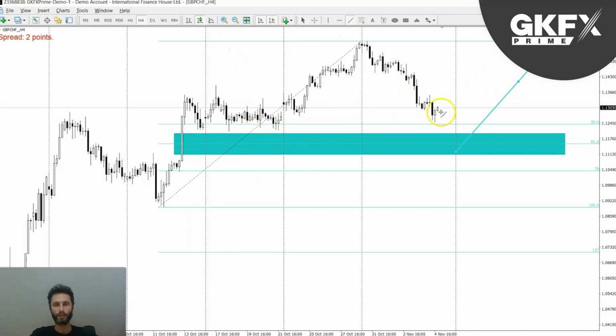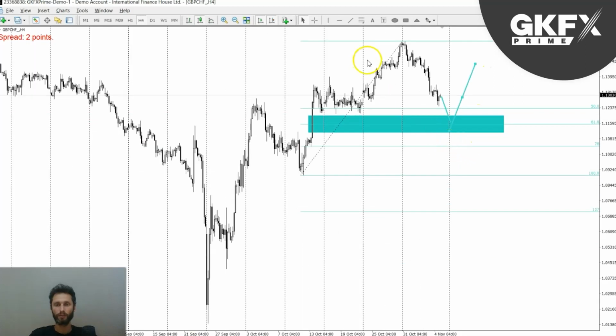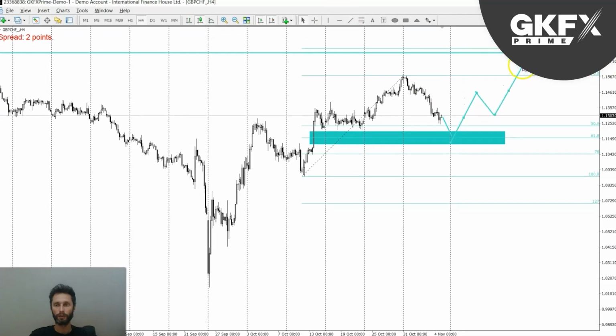So if that's the case, I'll be waiting for something like that, and then continuing to the upside and then forming new swings, higher lows, and then higher highs, I should say. That would be more accurate.